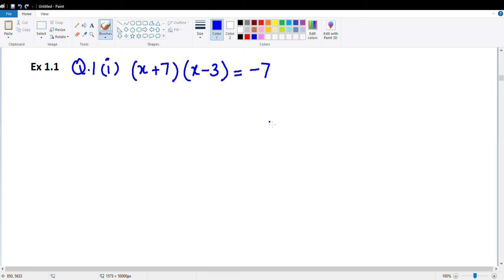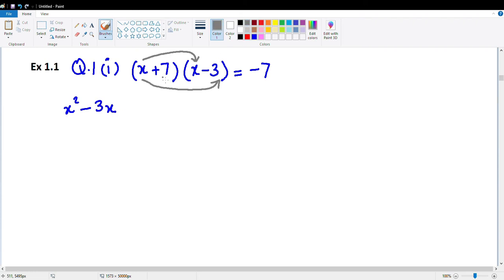This is the first part, and it's fairly easy actually. As you can see, all we have to do is simple multiplication. You see x with x. When we multiply x with x, we get x squared. Then we multiply x with minus 3, and doing so we get minus 3x.